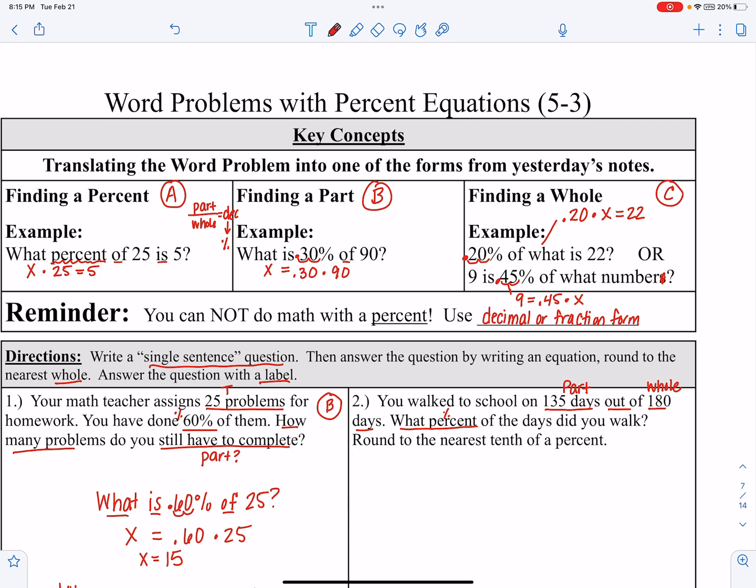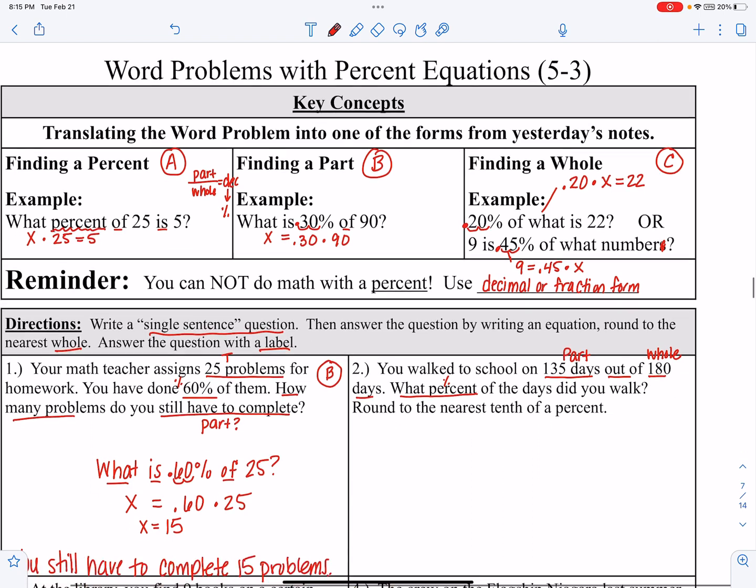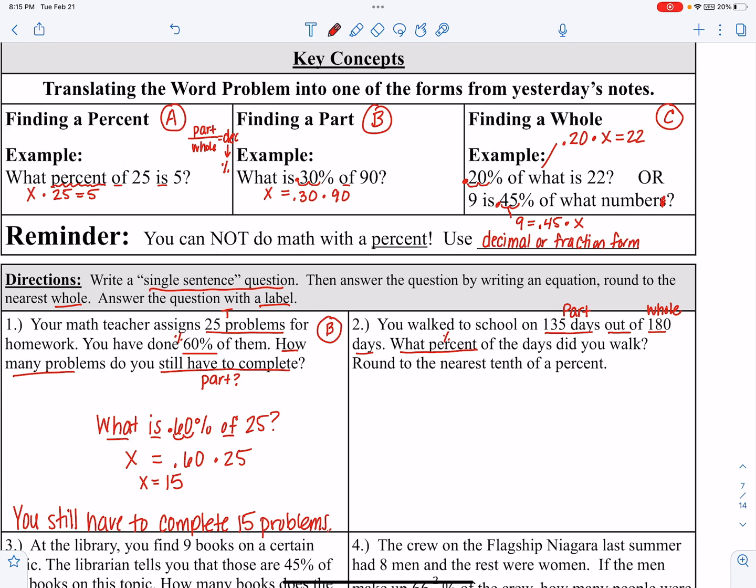I find this the easiest way to do if you just know a part and a whole, because it makes it super simple. So I'm just going to write 135, okay, and that's my part, over 180 as my whole.